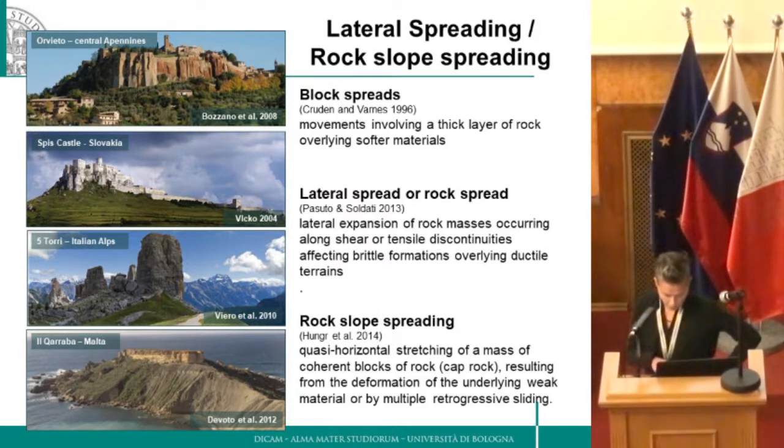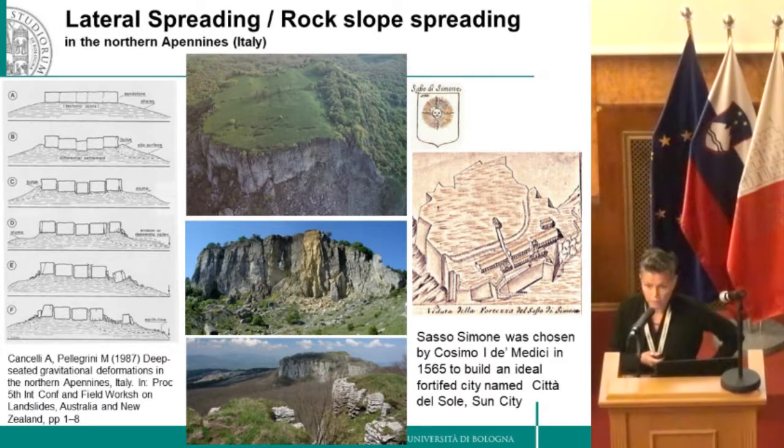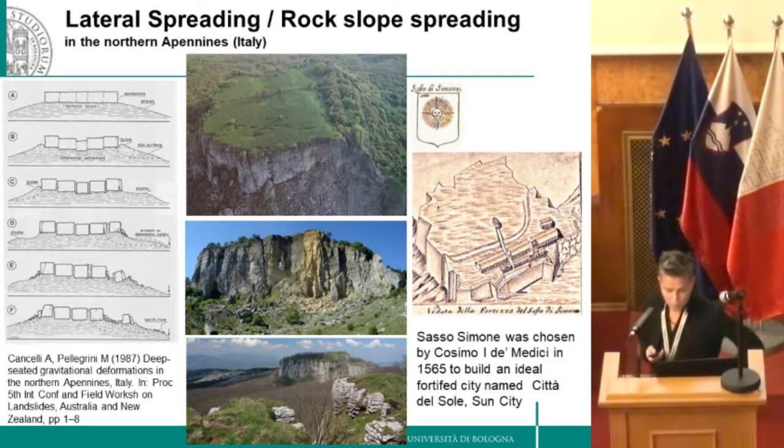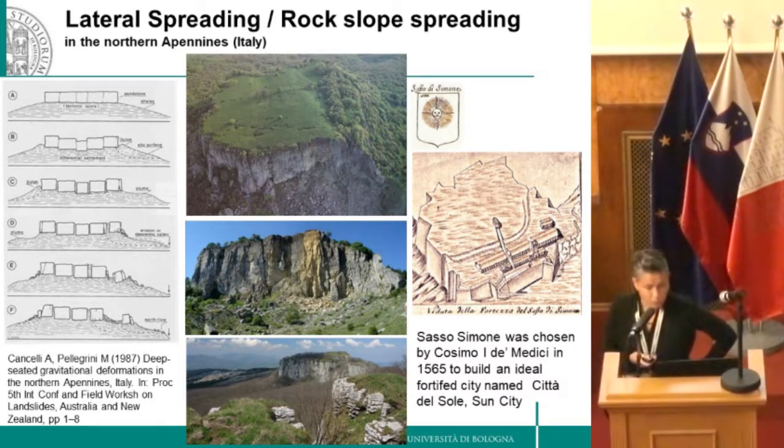Actually, from these nice locations, we will be focusing on specific and quite typical lateral spreading phenomena in the Apennines of Italy. So we are more or less in the Adriatic region. The model of the evolution of this lateral spreading in this area was proposed by Professor Pellegrini, who was my former professor.